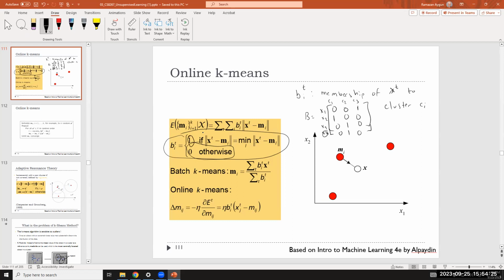It's only going to update the mean of that cluster. It's not going to impact anything on the other clusters. For example, X will only impact cluster I in this case. It doesn't impact this cluster, it doesn't impact this cluster, because the membership is 0. It's not going to have any impact.